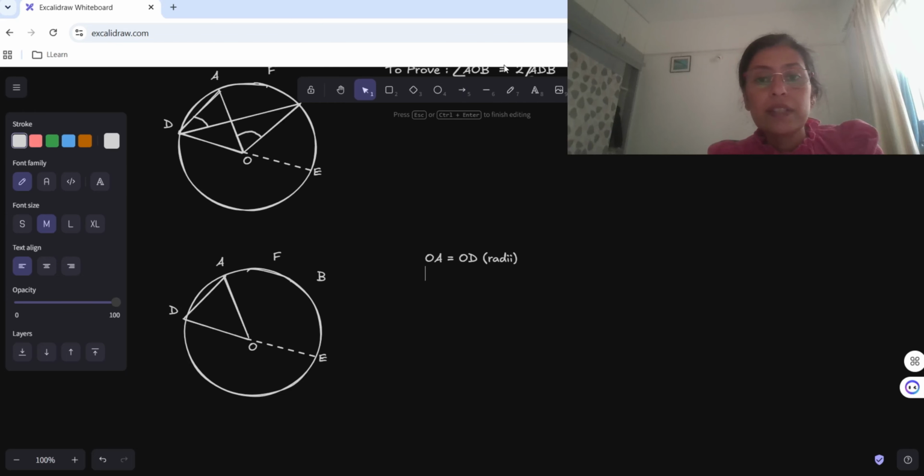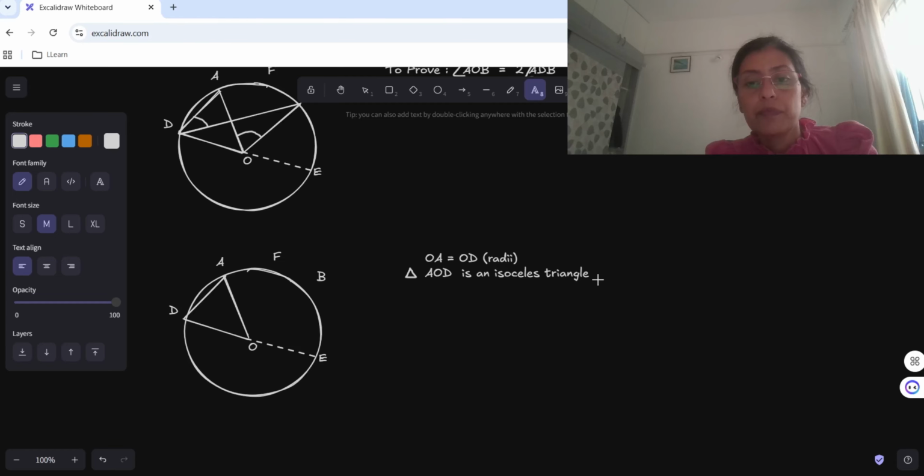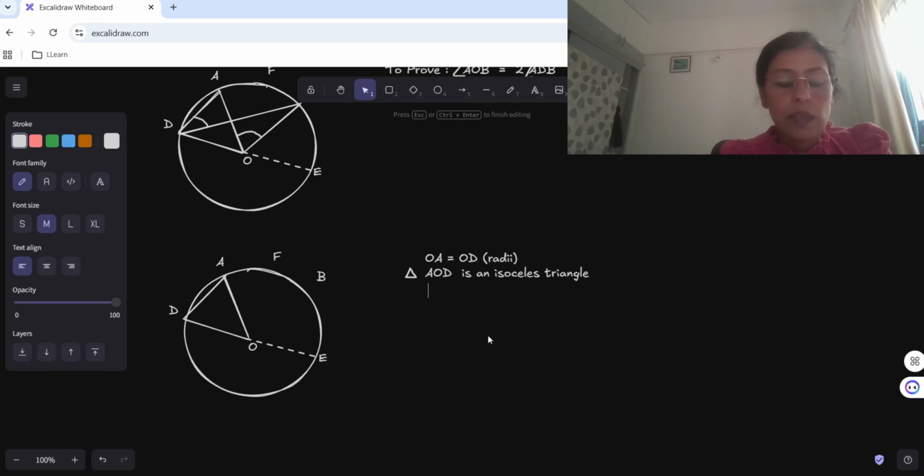Now this makes triangle AOD an isosceles triangle. So what this means is the angles which are opposite to the equal sides are equal. So OAD will be equal to ODA.